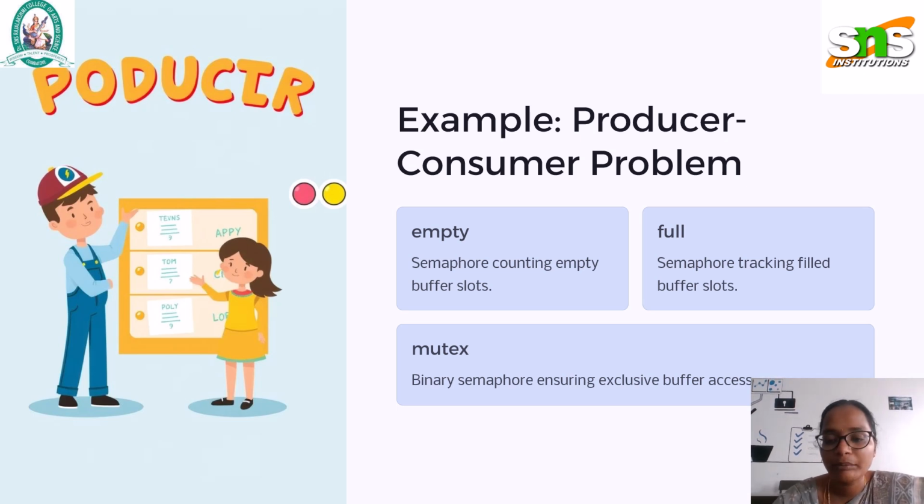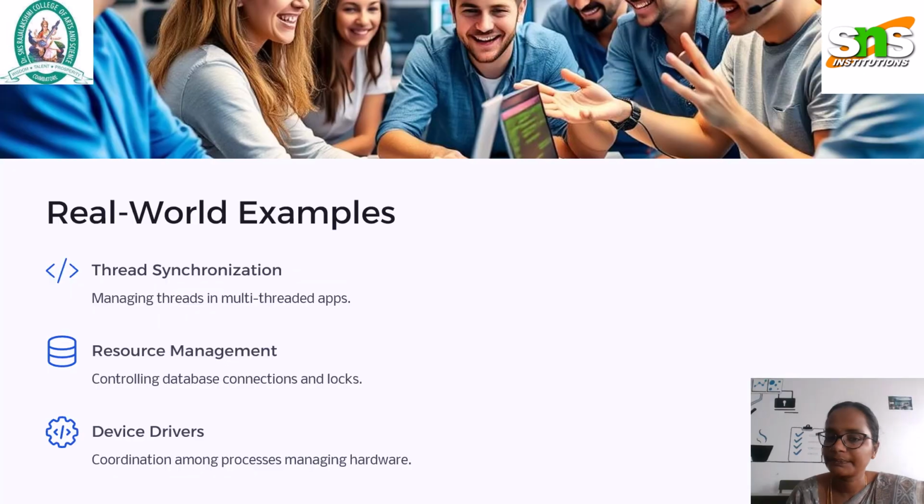So if there is any empty slot, we have to find it out in full, and in empty if there are any processes there. We need to identify these two things. Here the main mutex thing we are using is the concept of zeros and ones. We need to wait until the other person completes it. If you get a signal, you can process your task.